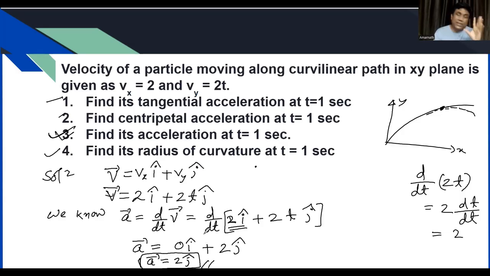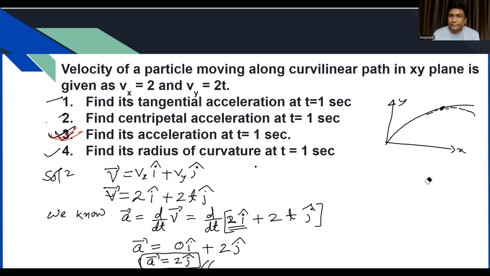At t equal to 2 seconds also, acceleration will be 2j. 2j means the acceleration will be in the direction of the y-axis. Nothing else. So I have already calculated question number 3. Now let me try the tangential acceleration.